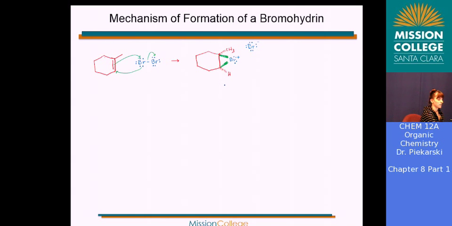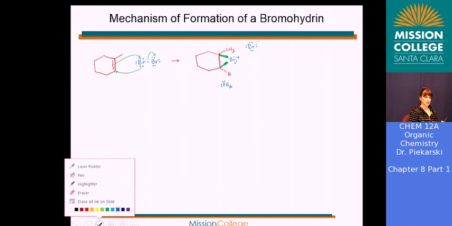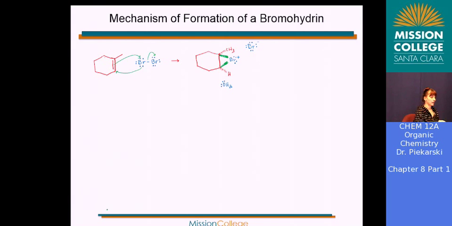So I will draw water like so. Okay? Even though water is a nucleophile, because I just want to be consistent with the colors here, keeping it red, I'll just draw water in blue then. So just to remind you, this is now your new electrophile, and this is your new nucleophile.